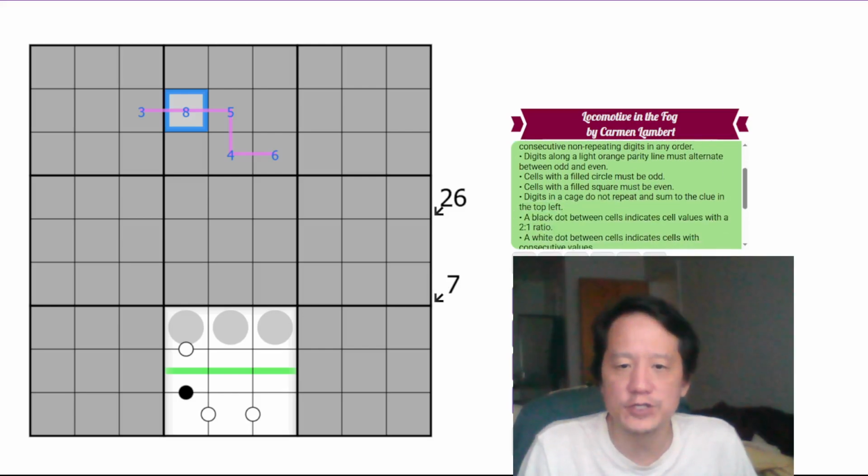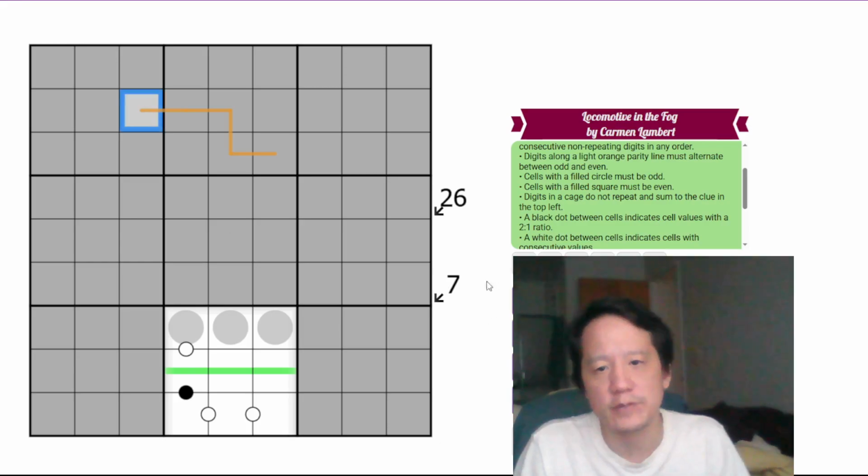We also have digits along an orange parity line must alternate between odd and even. So we don't have an example of that, so let's draw one. We're just going to draw the same line. So if this were, say, an odd number, say it was a 3, you would have to have an even number next to it. So this could be like 6. This would have to be odd, so that would be like 7.